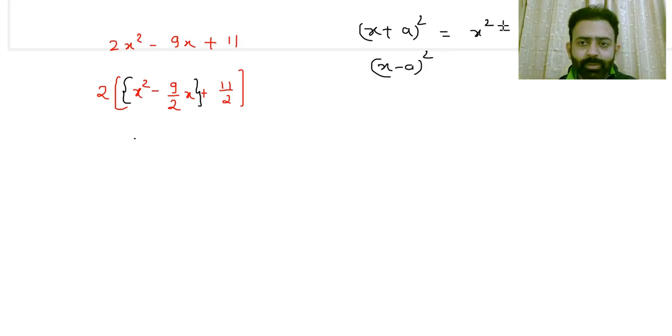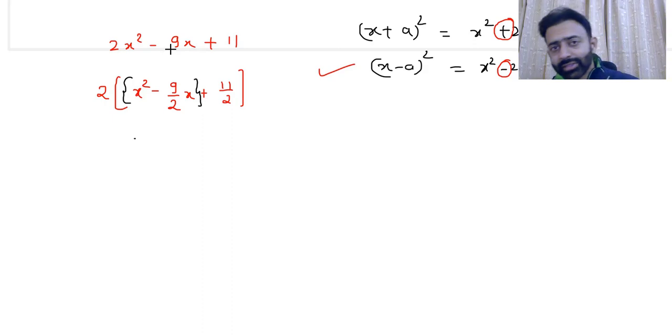One will be plus 2ax plus a square and the second will be minus 2ax plus a square. So the only difference lies in this plus and this minus, the coefficient of x. If here the coefficient of x is minus, you will use the x minus a formula. You need to convert this into x minus a whole square plus something type.